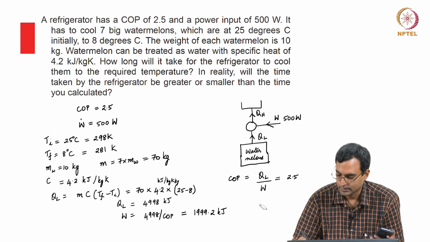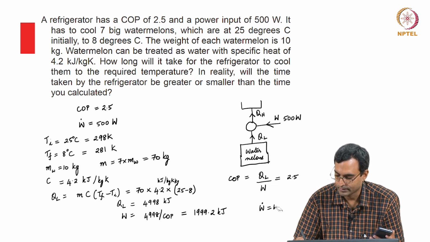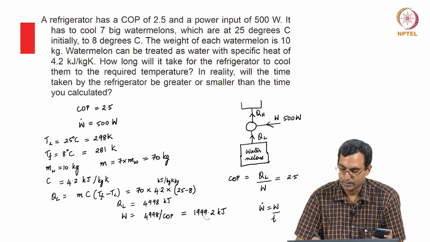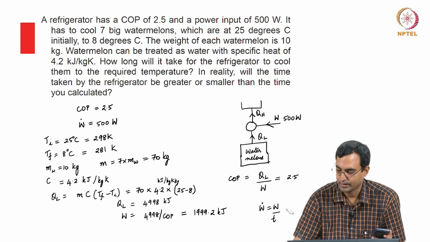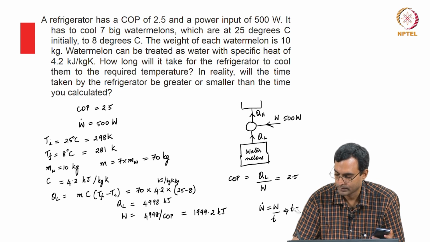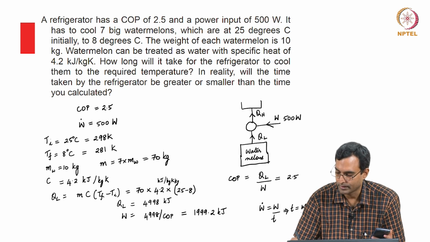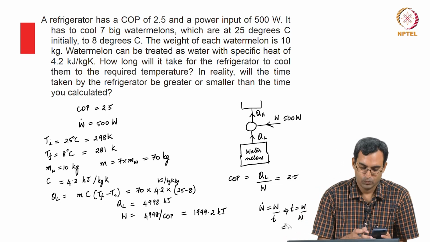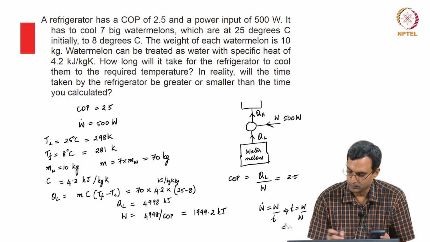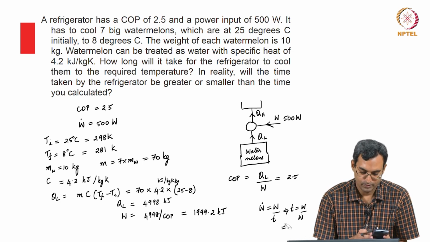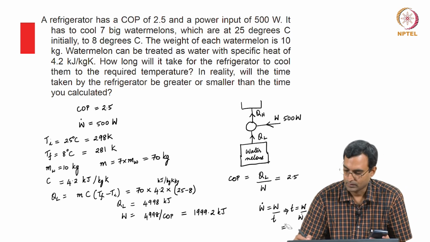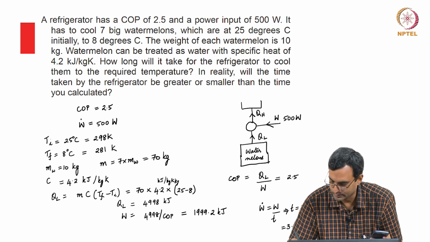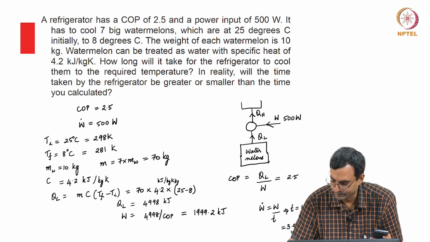So W dot, which is power, is essentially work divided by time. This is the work, this is the power. We need to know the time. Time is W divided by W dot, which is essentially, this is W. W dot is 500 watts, so which is about 3.99 into 10 power 3 seconds.